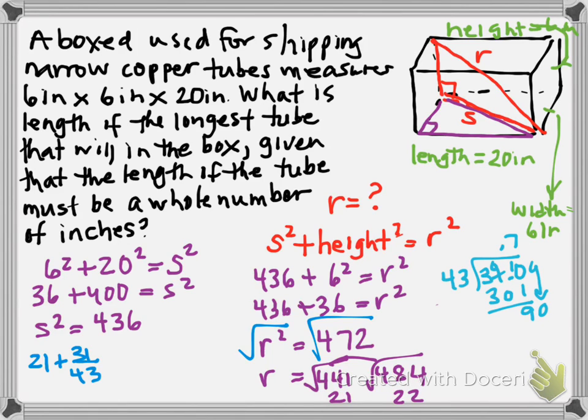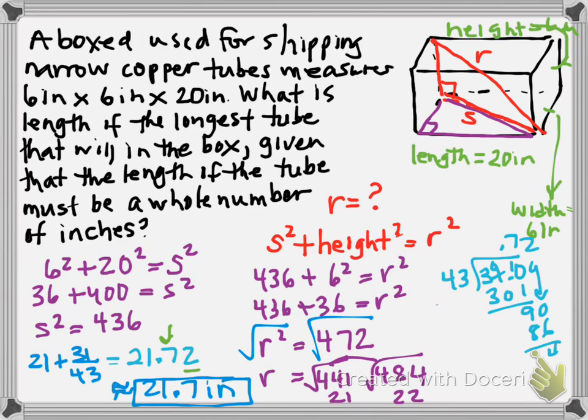Bring in the 0, and that's going to go in twice, which is 86. So what I have at this point is 21.72. I'm going to round to the nearest tenth. Can the 2 change the 7? No. So my grand answer would be approximately, so little tildes mean approximately, 21.7, and the label would be inches.